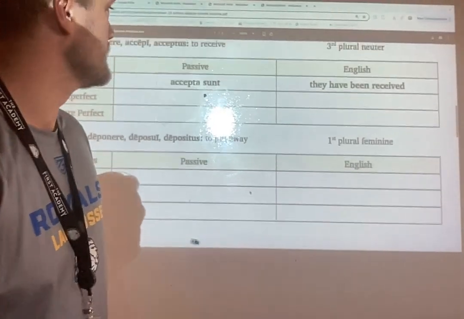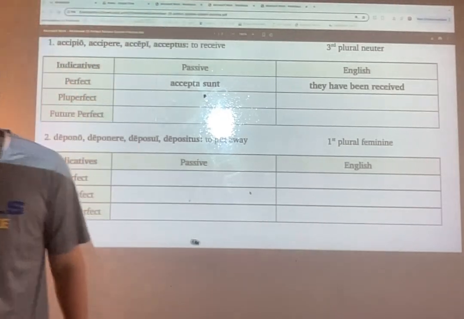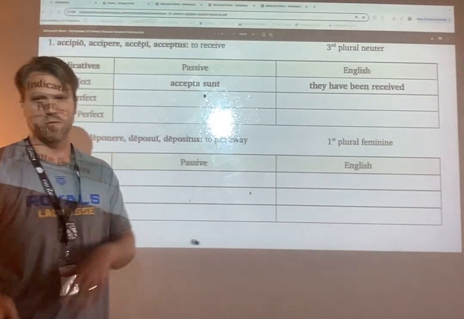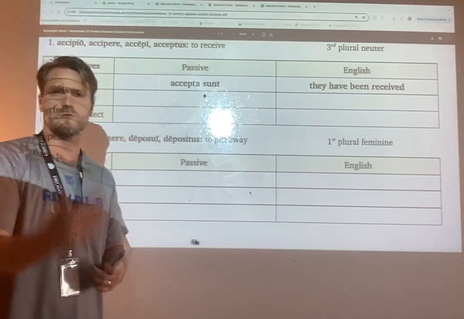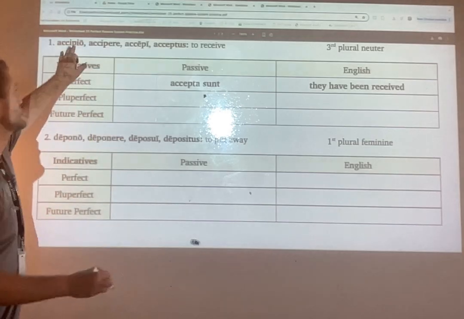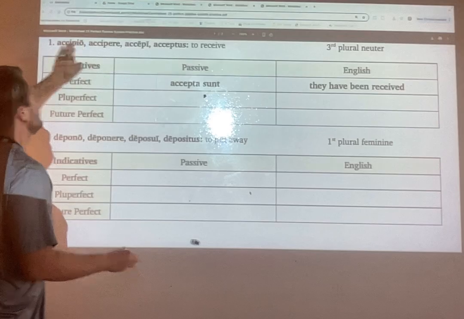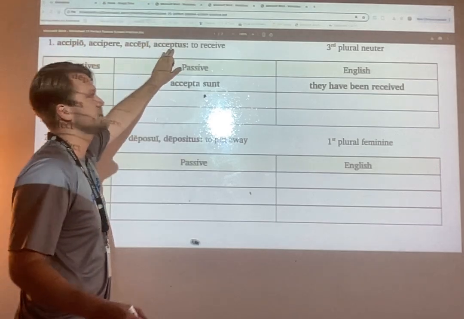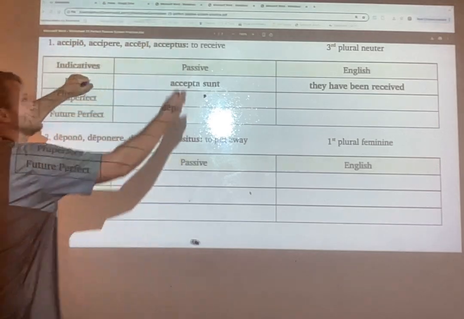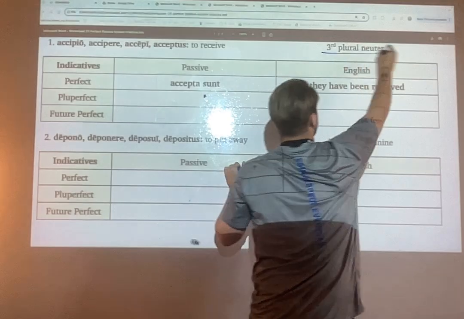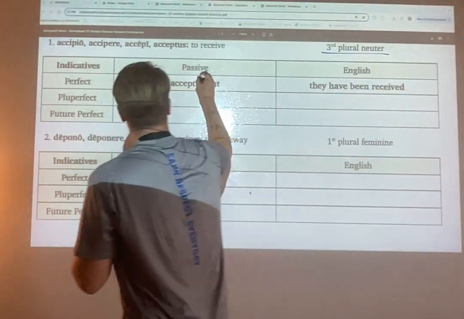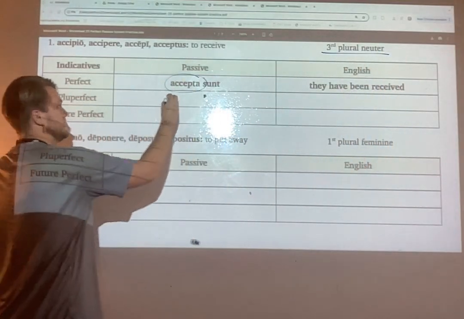These are just making sure that you form the correct perfect passive, pluperfect passive, and future perfect passive, and then translate them correctly. This is the verb we're dealing with first: accipio, accipere, accepi, acceptum. I told you to do this one in the third plural neuter, so I've given you the example accepta.